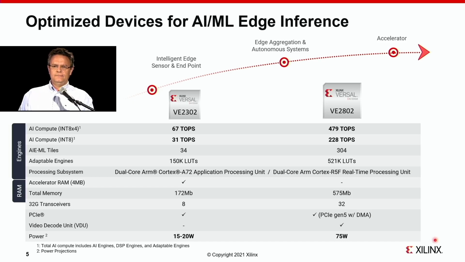Maybe two particular aspects that I would like to emphasize is that this mid-range device, as you can see in this table, includes the video decode unit. And also, it integrates a PCIe Gen 5 hardened controller with integrated DMA for coherency with host processor.